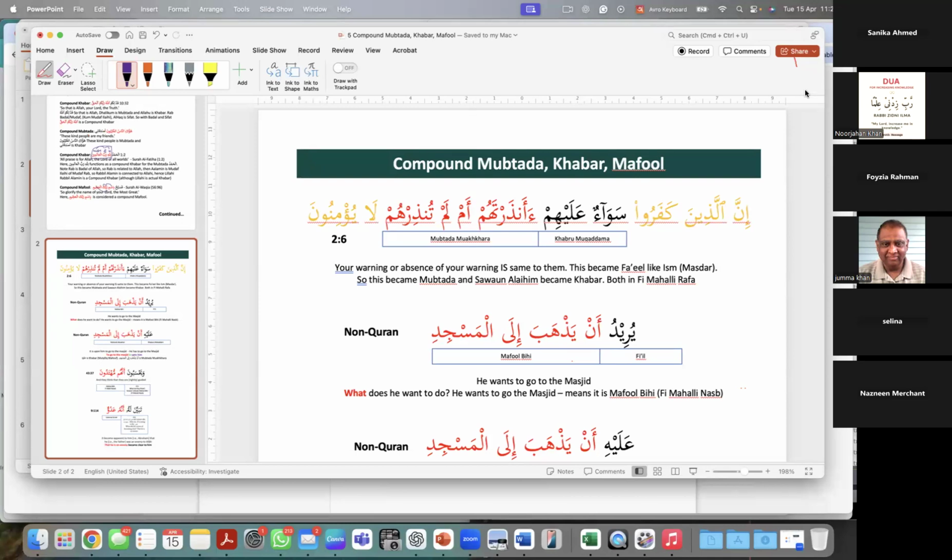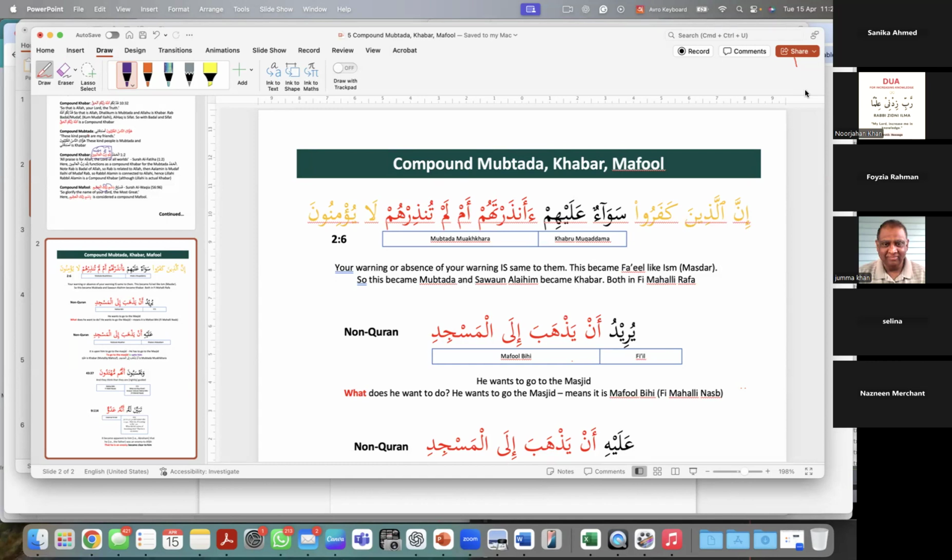Whether you warn them or do not warn them. You can give the meaning like this: your warning, or the absence of your warning. I'm just interpreting it. But think about this as a compound.